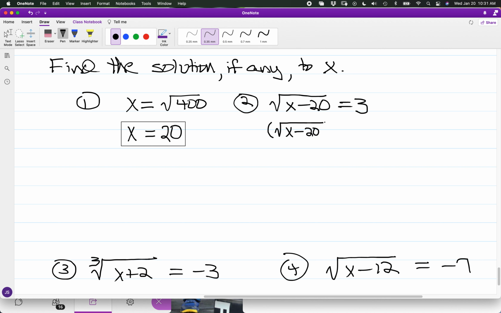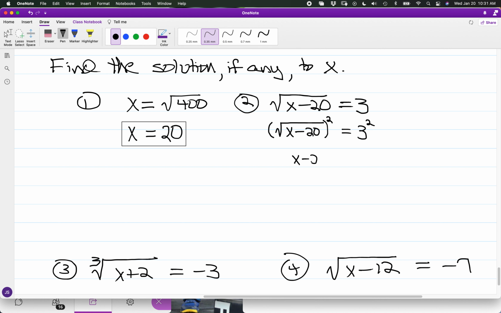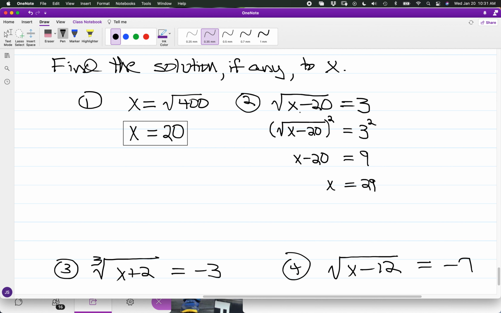So we have for the square root of x minus 20, okay, this would be x minus 20. And we have is equal to 3 squared, which is 9. And for x minus 20 equal to 9, okay, if I add 20 to both sides, we have that x is equal to 29. Okay, so we have 29 minus 20 is 9. Square root of 9 is equal to 3.